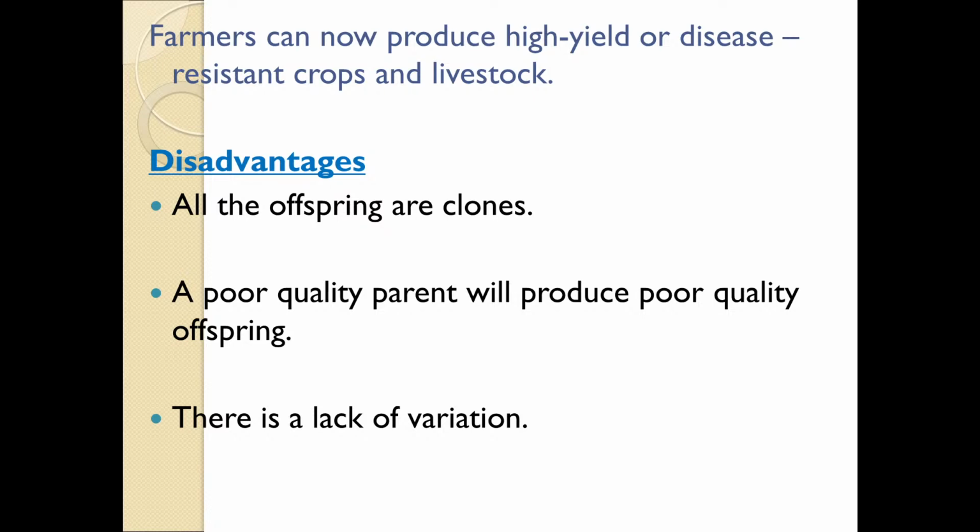Let's say, for example, you have the best of the best. Once you take care of them, you will continuously have just that type, maybe resistant to disease, or one that produces a whole lot whenever it is bearing.